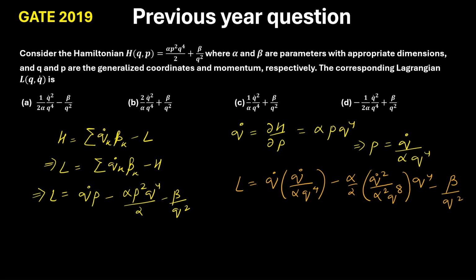Here alpha we can cancel, and if I cancel this, I'll get 4. So it will be L is equal to q dot square by alpha q to the power 4 minus q dot square by 2 alpha q to the power 4 minus beta by q to the power 2. If I simplify this, I think I will get q dot square by 2 alpha q to the power 4 minus beta by q to the power 2.